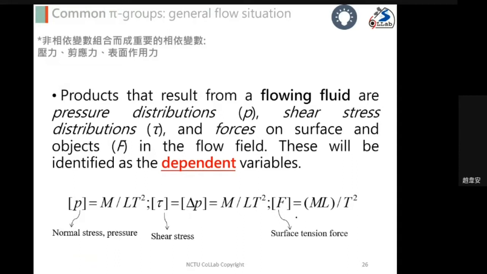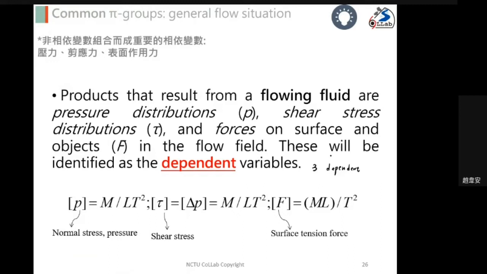And we also have the surface tension force, which comes from surface tension problems when our condition is at a liquid-to-gas interface. So in total we have the three dependent variables.